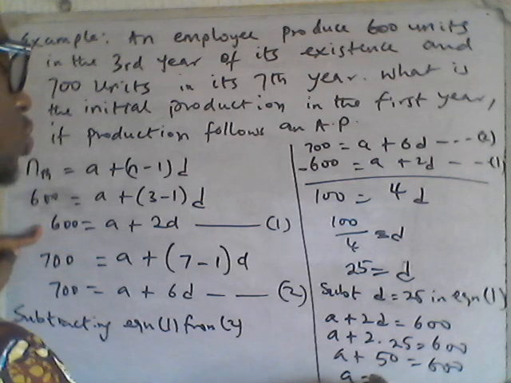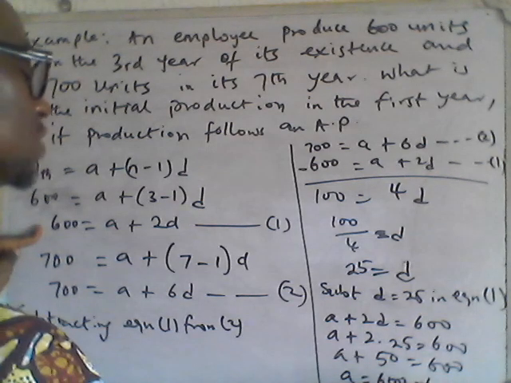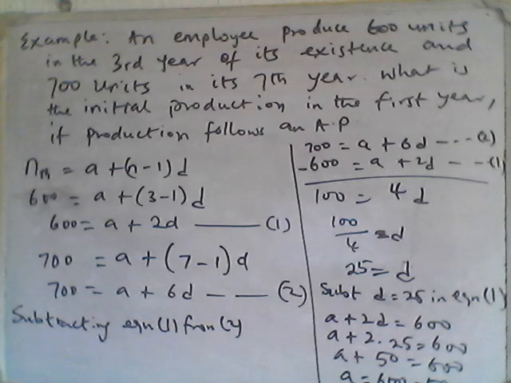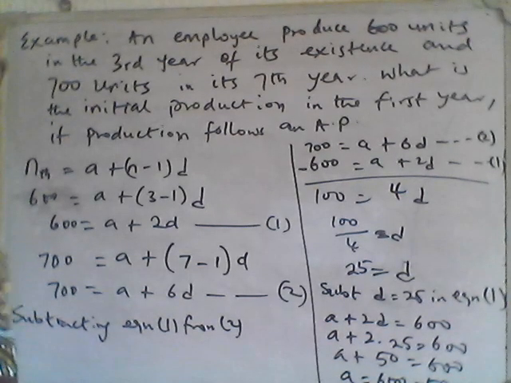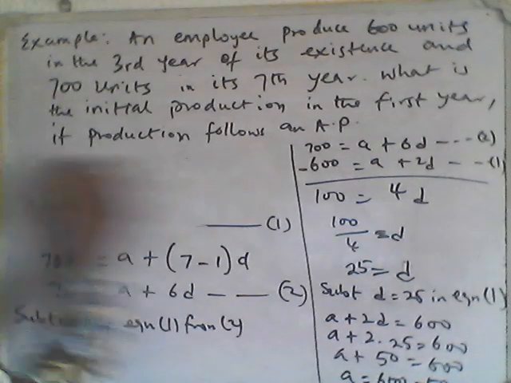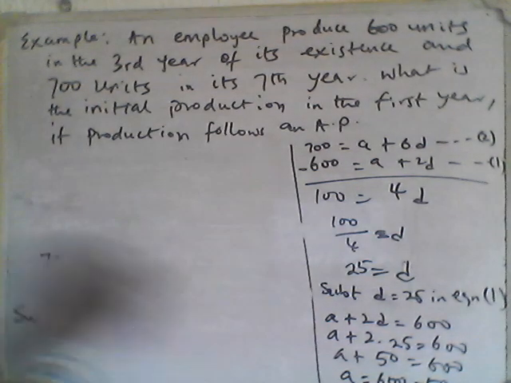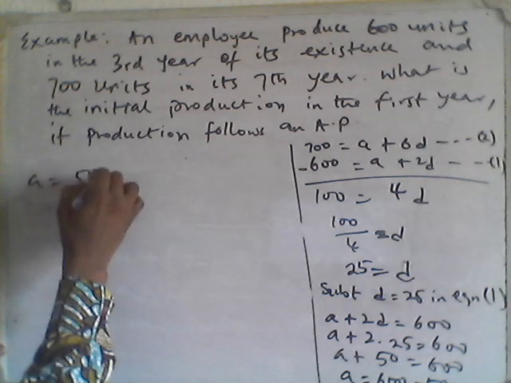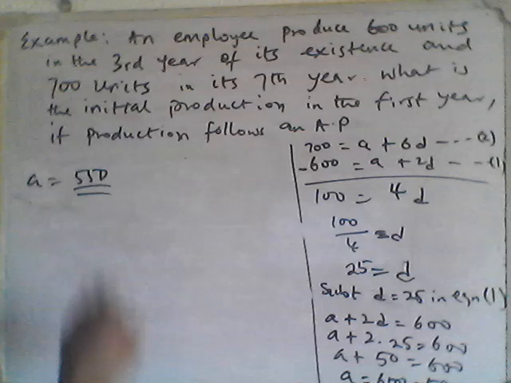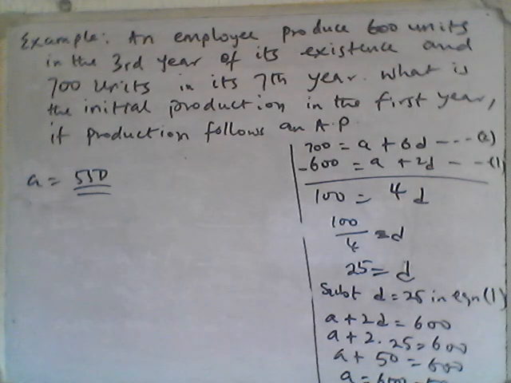So A is equal to 600 minus 50. When I do the maths, A will now become 550. So A is equal to 550. So 550 is the initial unit that is produced in the first year. All right.